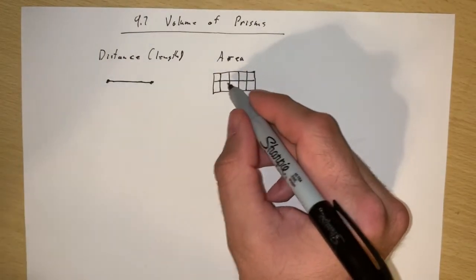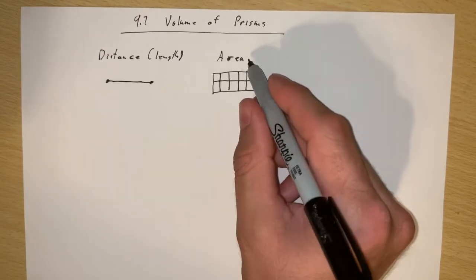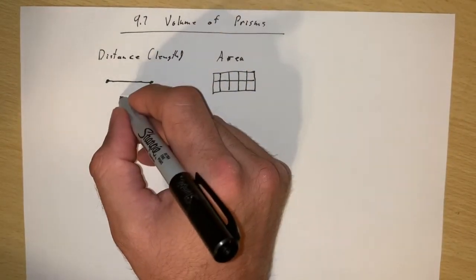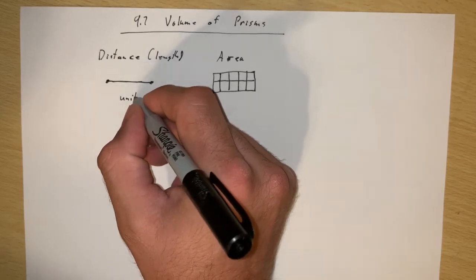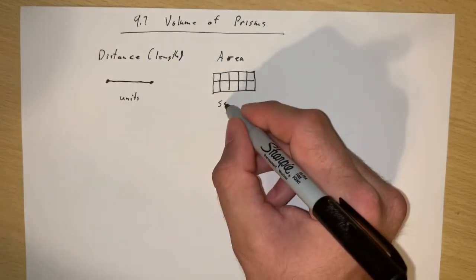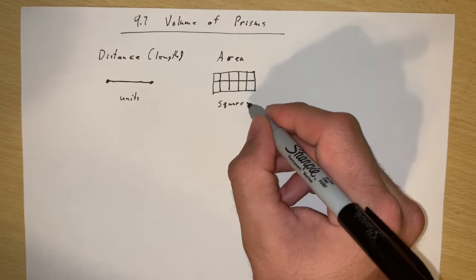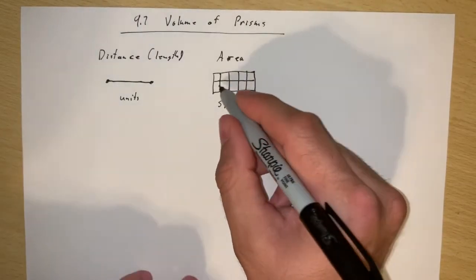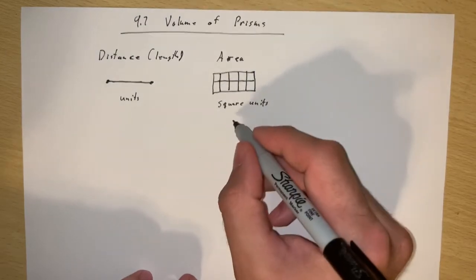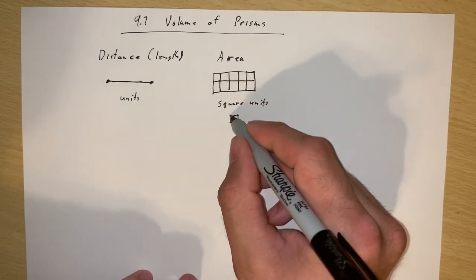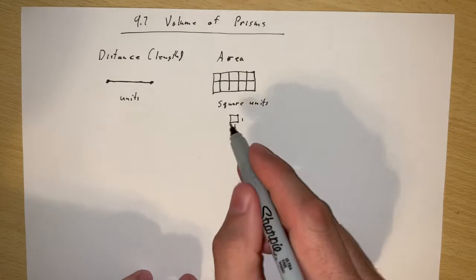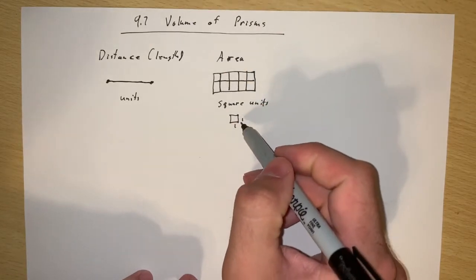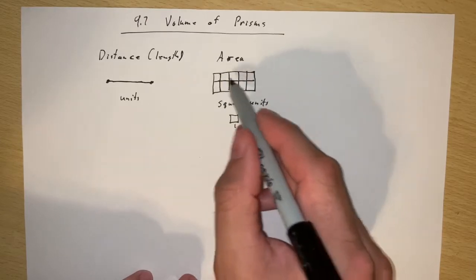And we would calculate how many square units fill out that space. And let's say this is in units. This is squared units. Squared units means that each one of the square units is a 1 by 1 square. And area tells me how many 1 by 1 square units can fill this region.